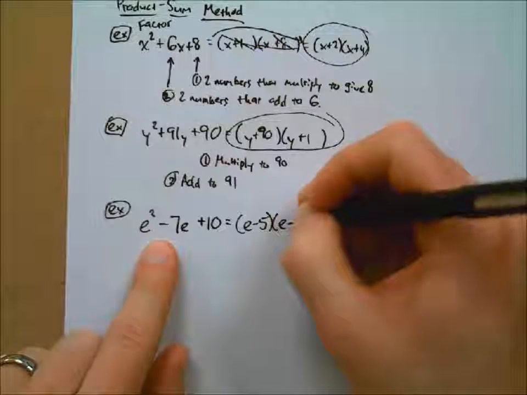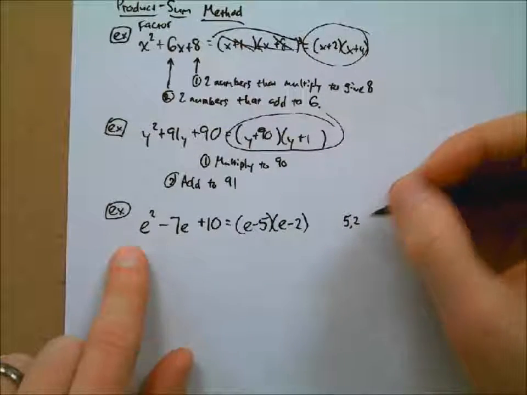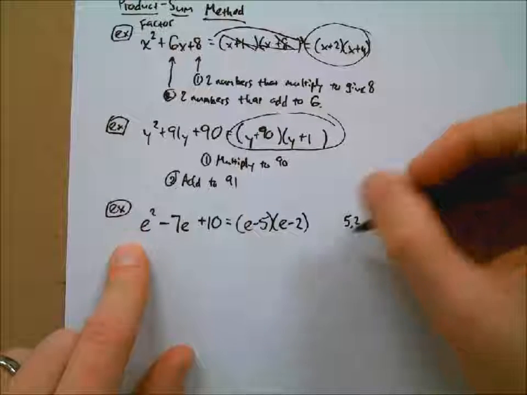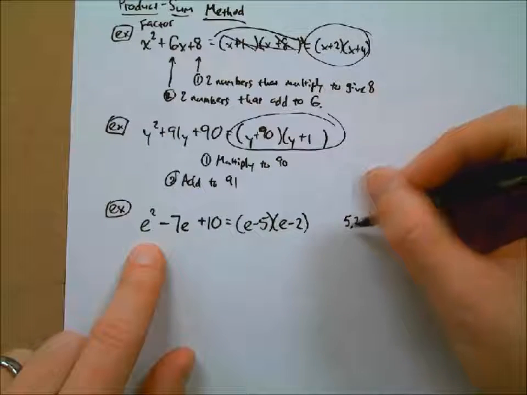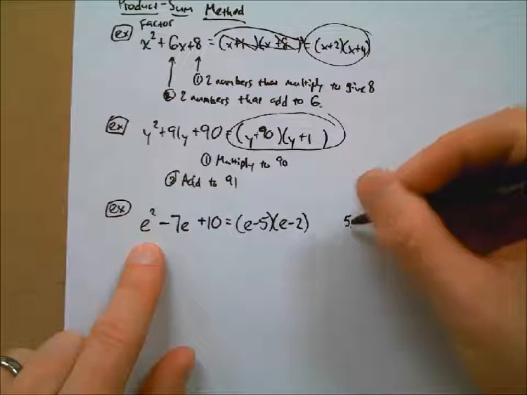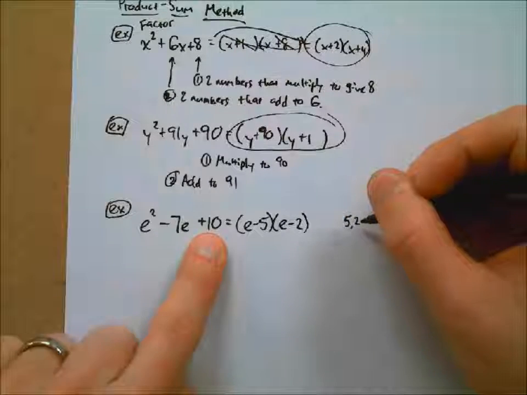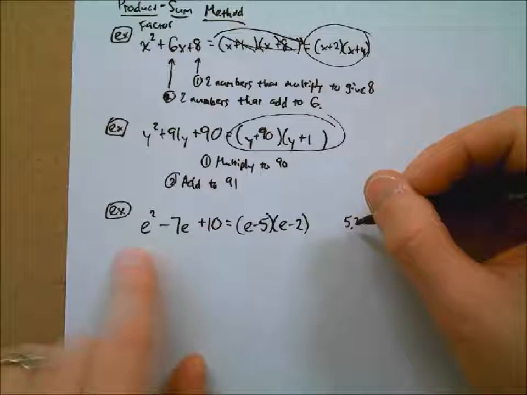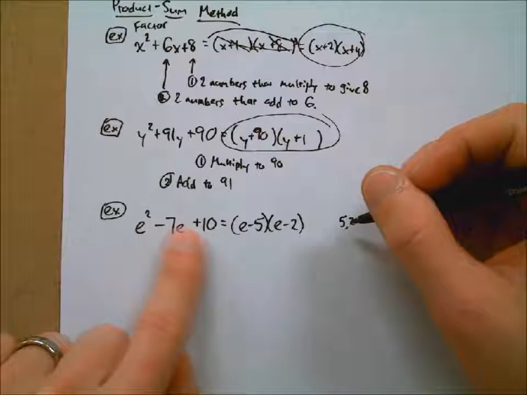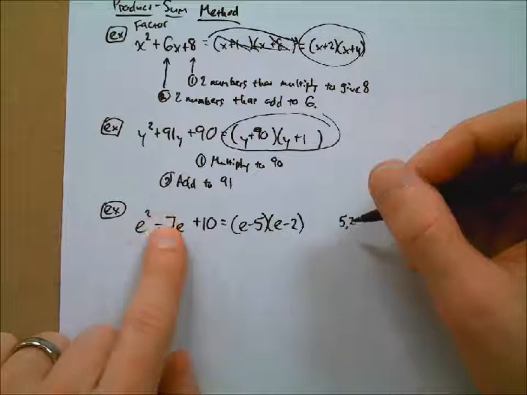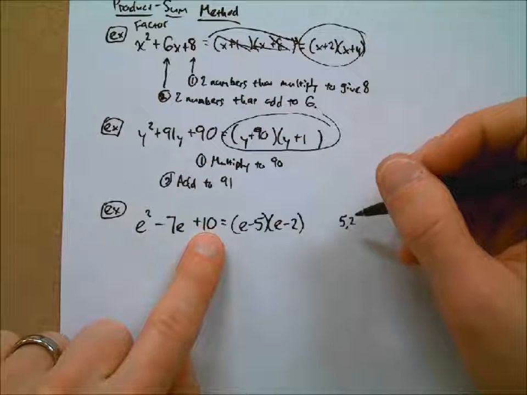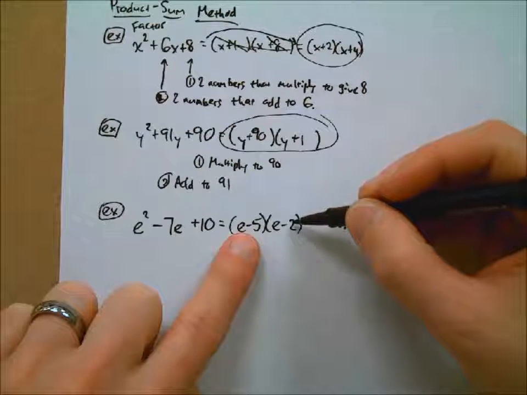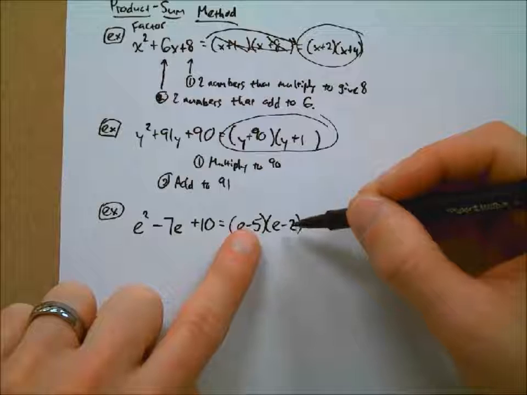That's a tricky one there, or it can be tricky, at least when you guys were first learning this, right? Not only do a positive 5 and a positive 2 multiply to make 10, but a negative 5 and a negative 2 also multiply to make positive 10. And so when you see a situation like this, where you have a negative middle term and a positive third term, we know what's going to be true about these two numbers.